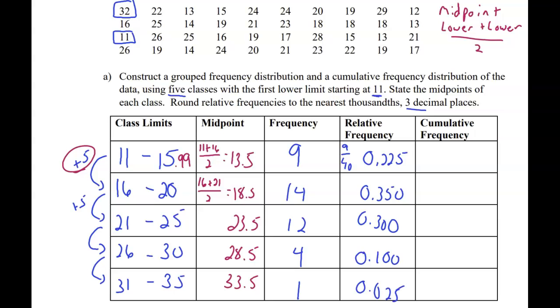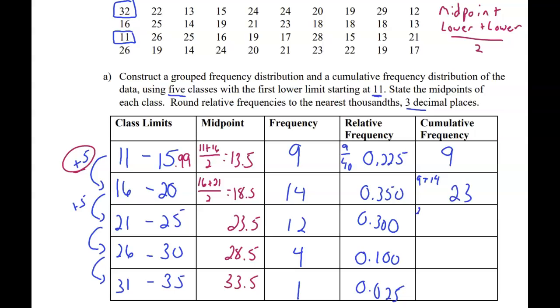Cumulative frequency means we accumulate our frequencies as we go. So we're going to start with the 9. So everything from 11 to 15, there are 9 values. Then we go to the next class. We don't lose these 9 values. We include the 9 and we add 14 to it. So this is like saying 9 plus 14. And we get 23.